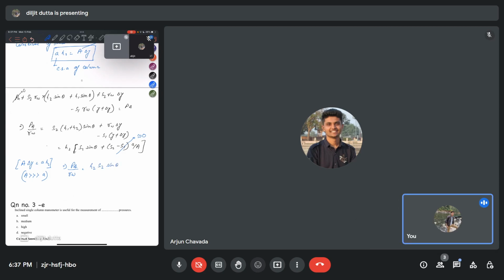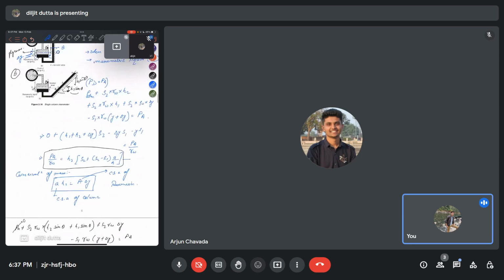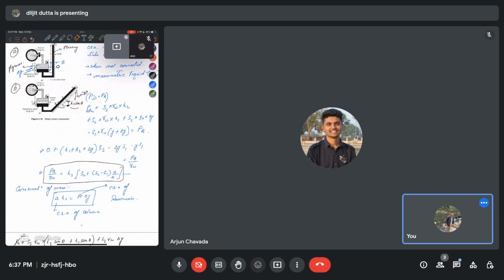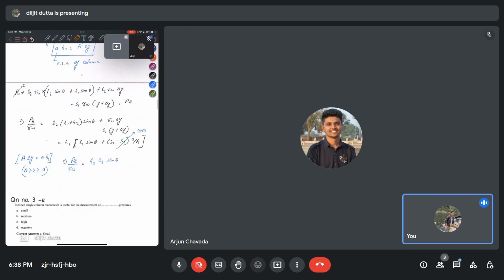If theta is high, like in this case we are taking theta from the vertical, so theta should be less than 90 degrees. In that case, even for a small height we will have a value that is showing high value.